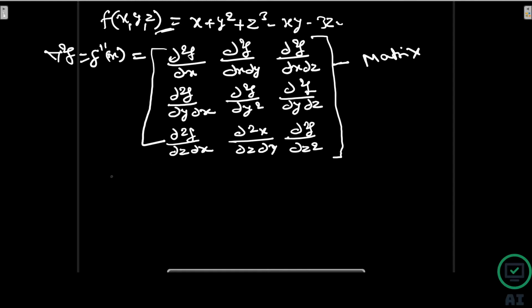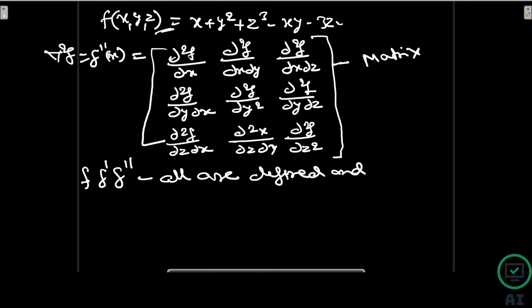So let's suppose we have a function f, the first derivative is this one, the second derivative is this, and all are defined, and this double derivative is continuous, then we can say that this particular matrix is a symmetric matrix.